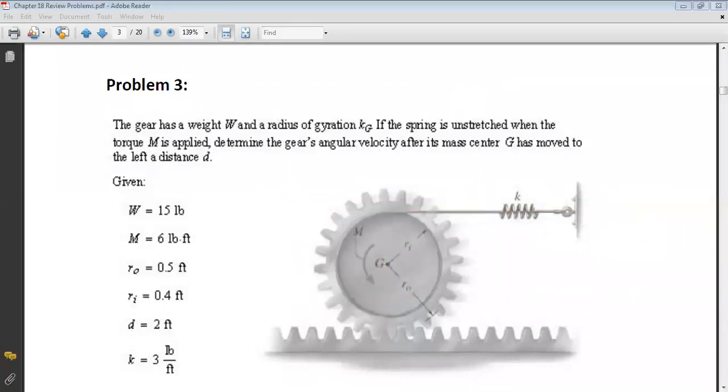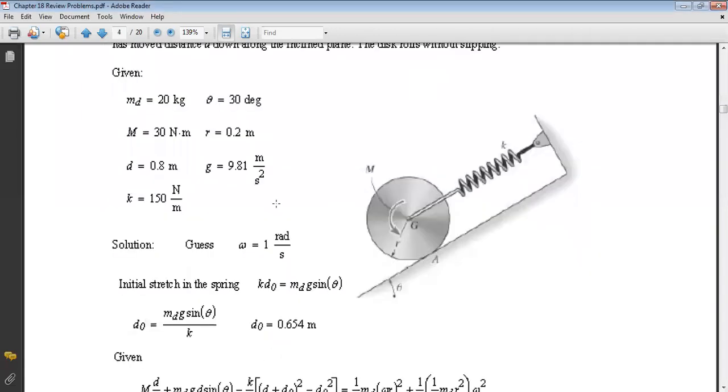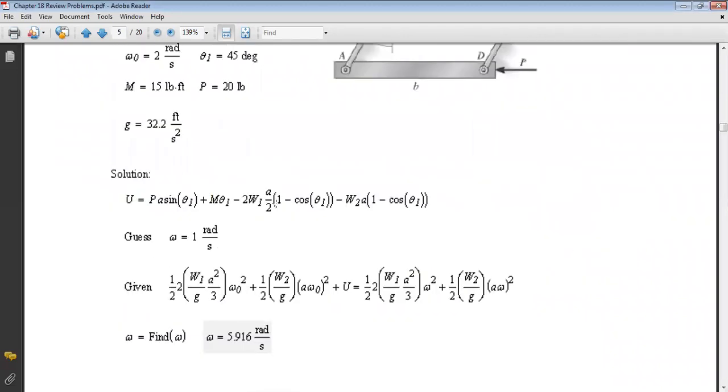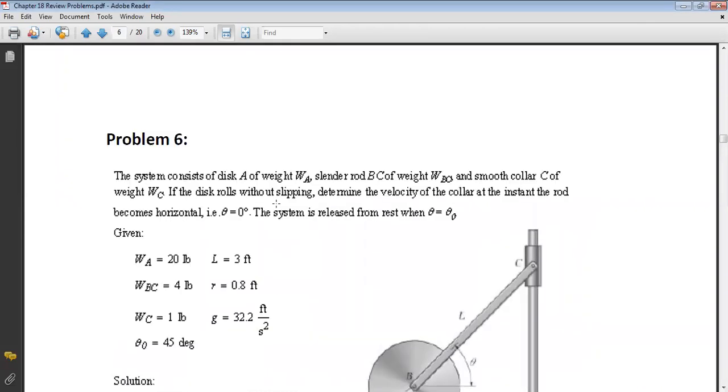So let us see. Okay, if you want, let me try to find something a little bit new. Yes, this one.